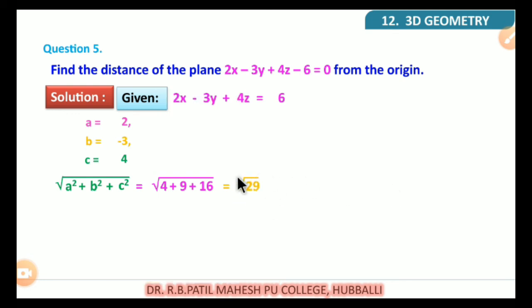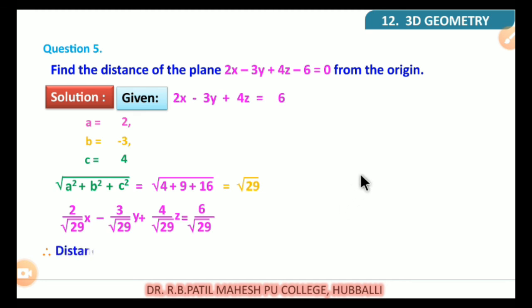Right. So we can divide the whole equation of the plane on both sides by the square root of 29. So it becomes 2 divided by square root of 29 x minus 3 divided by square root of 29 y plus 4 divided by square root of 29 z is equal to 6 divided by square root of 29. Right.